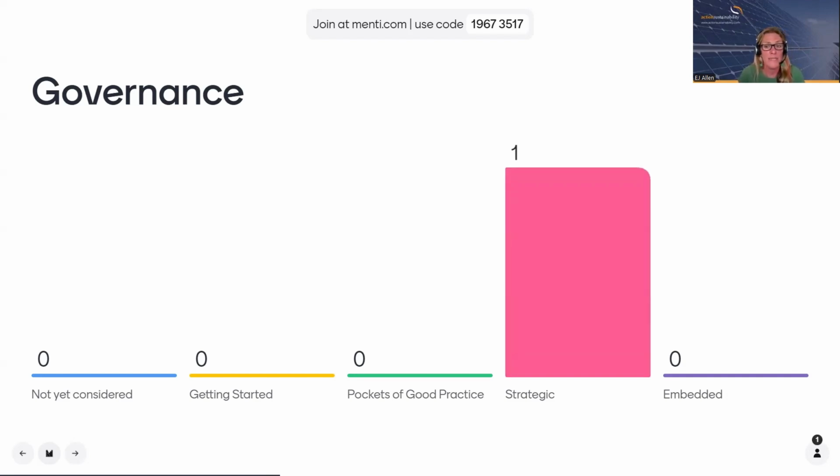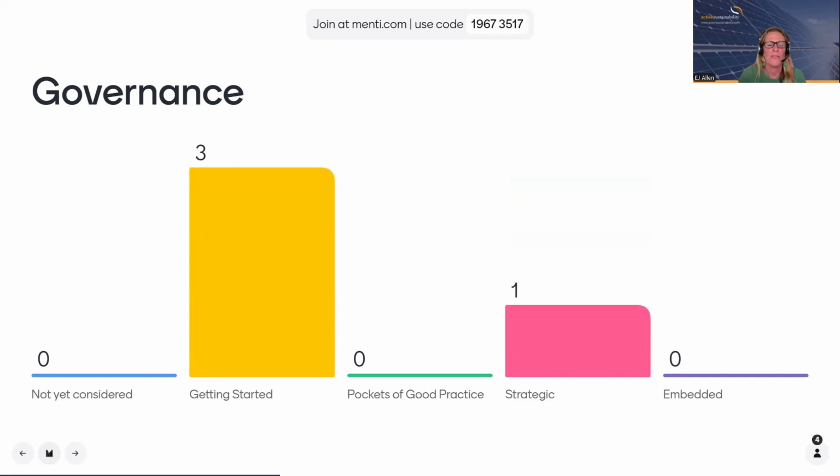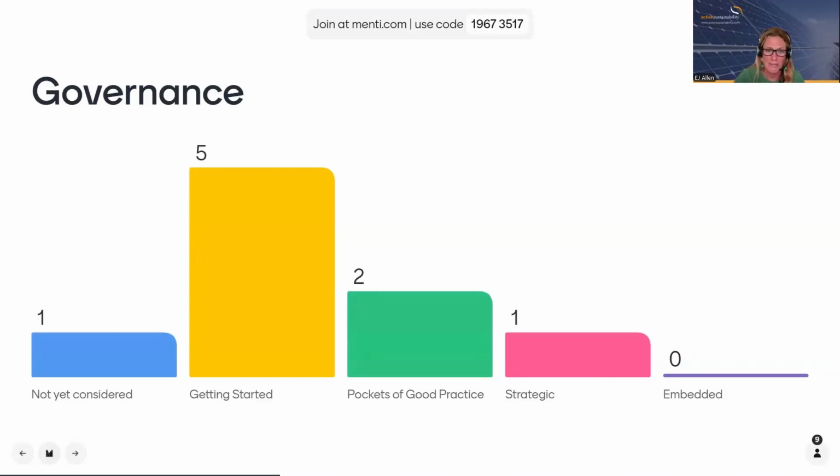You've got some processes in place to review and respond to these drivers. You might be planning to integrate modern slavery risk management into those wider organisational governance requirements, but you're not quite there yet. At pockets of good practice, I would say you've probably got some resource allocated for combating slavery, but it's mainly compliance focused.